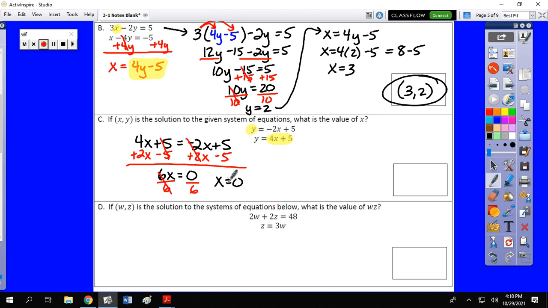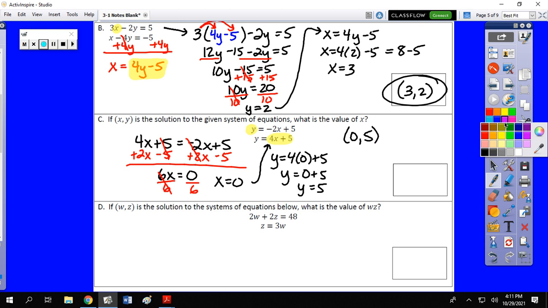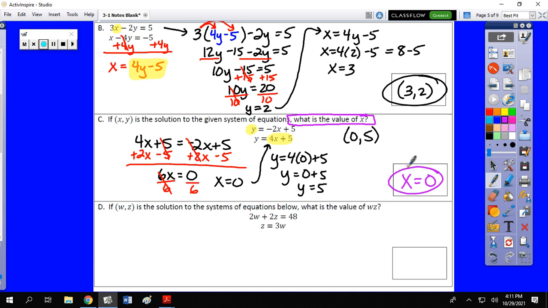Now we could still find y very easily if we wanted to by plugging in and saying 4 times 0 plus 5, but we really don't care what y is because the problem doesn't ask for y. The solution to the system is 0, 5, but this question says, what is the value of x? Remember that on the SAT it is very important that you answer the question that was asked. In this case, x is 0.